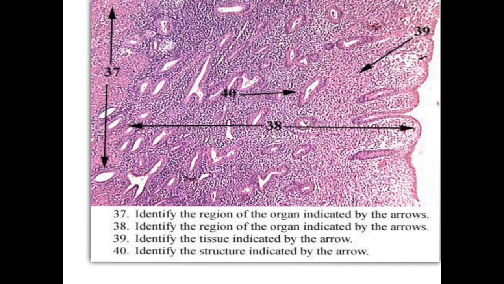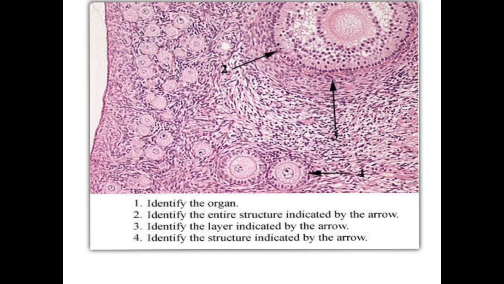Number 3, identify the tissue indicated by the arrow. It is the endometrial stroma formed of loose connective tissue. Number 4, identify the structure indicated by the arrow. It is an endometrial gland.